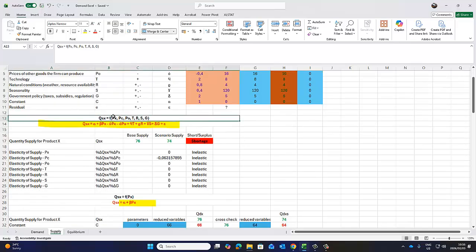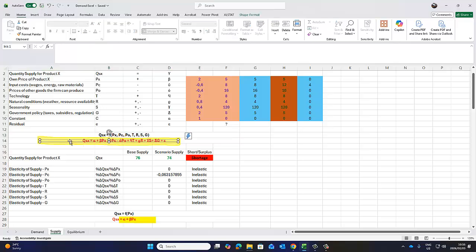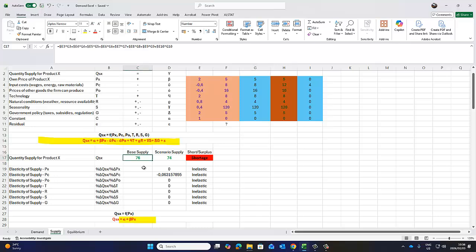There's my function, which is just a listing of all my variables, and then from the function I go to my expression or my equation where I add the coefficients and the signs, meaning I add the nature of the relationship and size of the relationship. I move into my expression or equation, and then I can just substitute the values of my variables, and then I can calculate quantity supplied, which is this value.